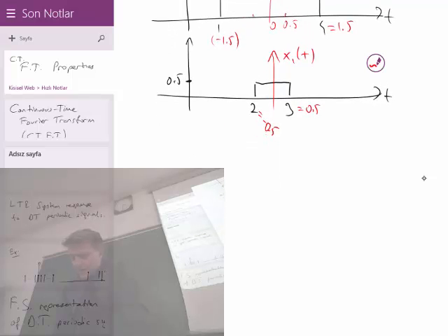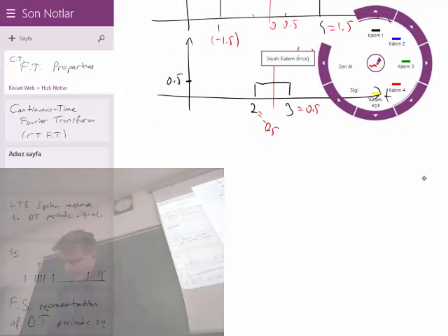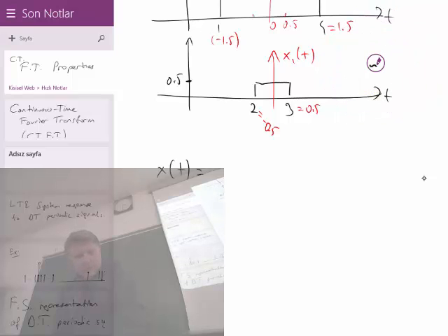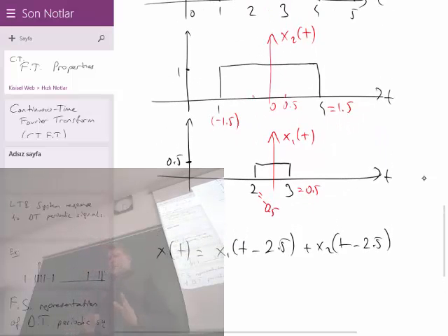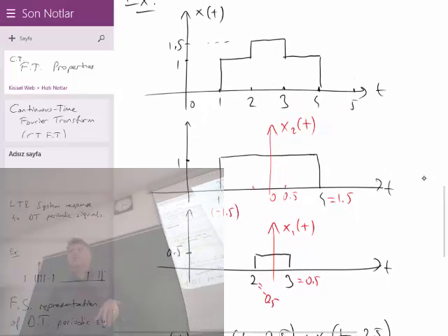And I'm going to write x of t to be equal to x1 of t minus 2.5 plus x2 of t minus 2.5. Because x1 of t and x2 of t are around the origin, and the original black signals are just 2.5 shifted versions of them towards the right. And when I combine them, I get my original x of t at the top.